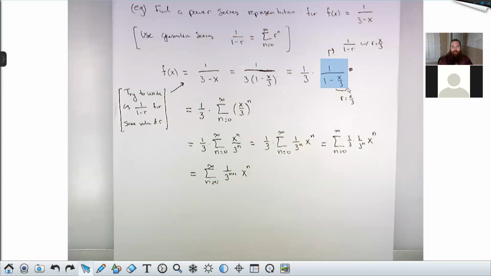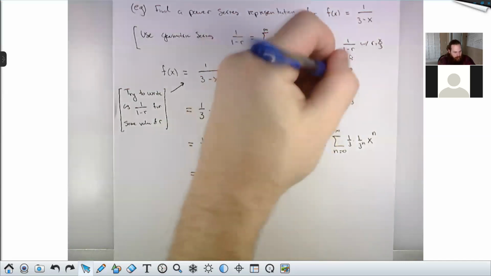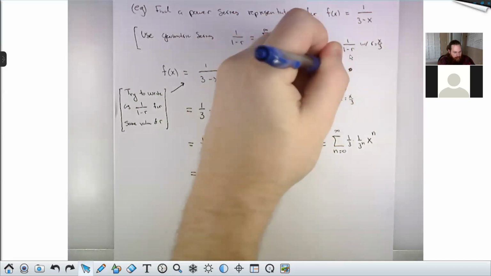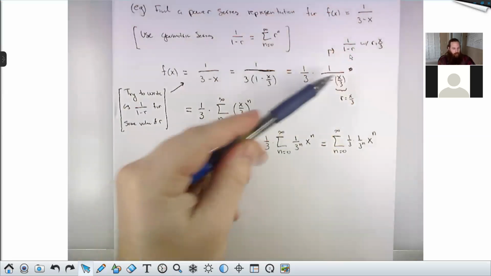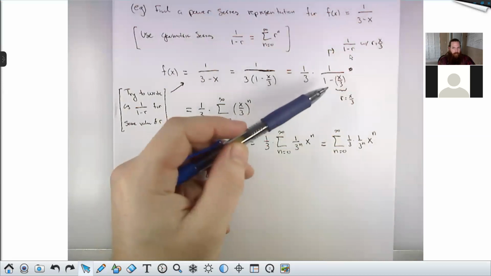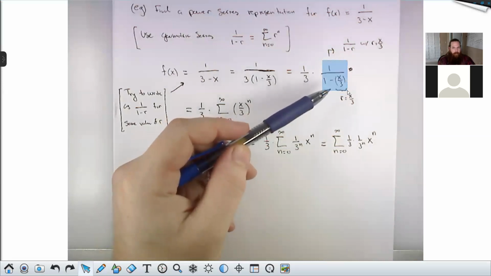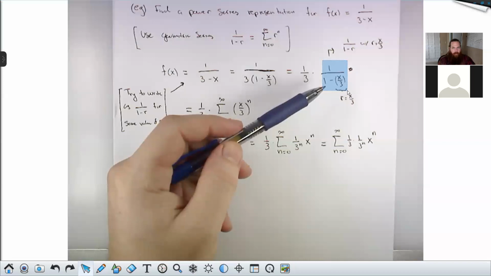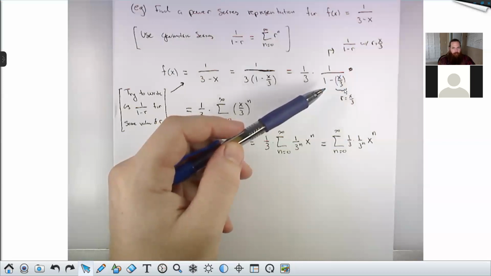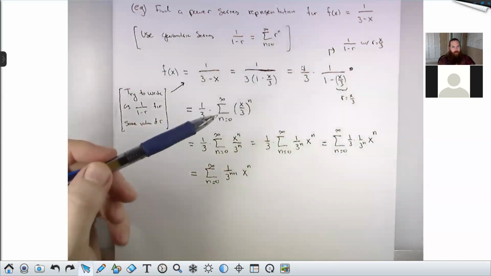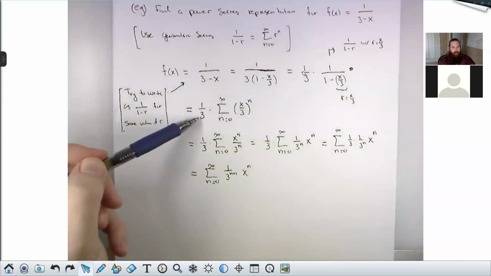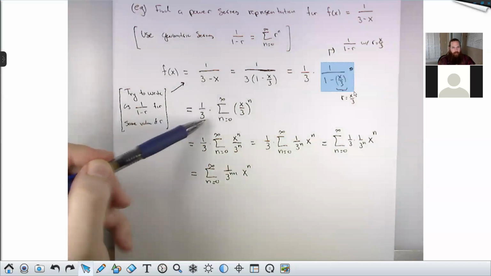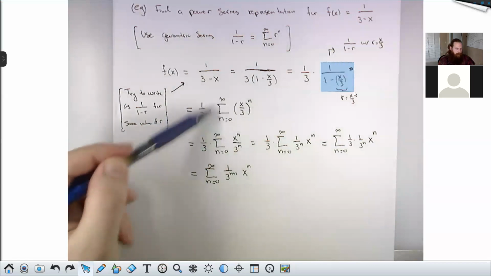But this piece, 1 over 1 minus x over 3, looks like 1 over 1 minus r. So this thing is equal to sigma r to the n, where r is x over 3. So the 1/3 out front comes along for the ride, and this piece is this series.